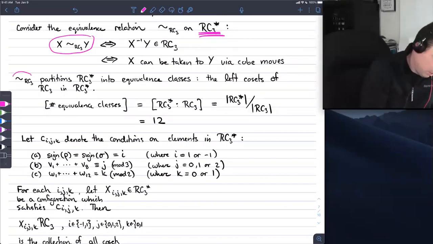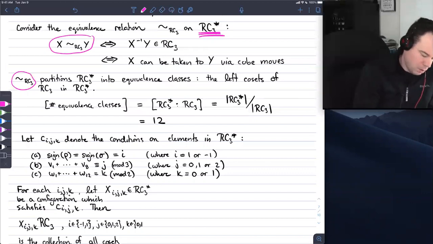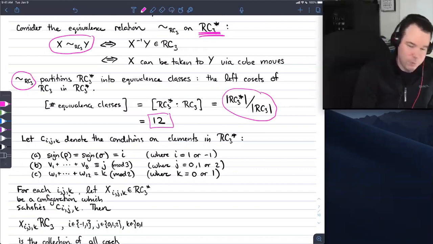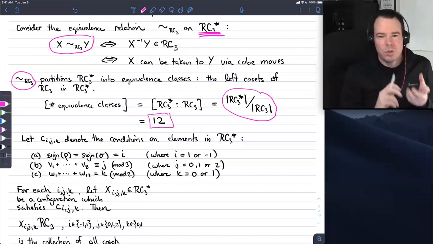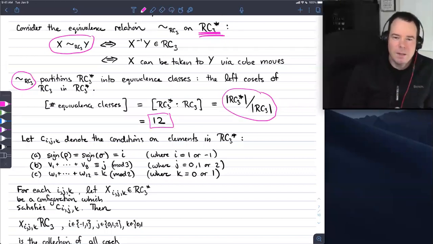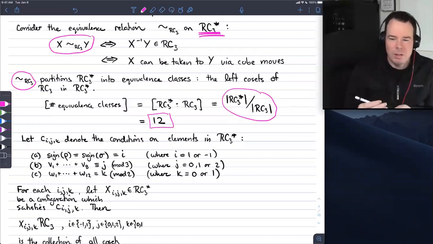So for example, this equivalence relation partitions RC3 star into equivalence classes, basically the left cosets of RC3. How many are there? It's going to be RC3 star over RC3, or in other words, there's 12. So there's 12 different equivalence classes. So there's 12 different, inequivalent ways to assemble the cube up to twisting.